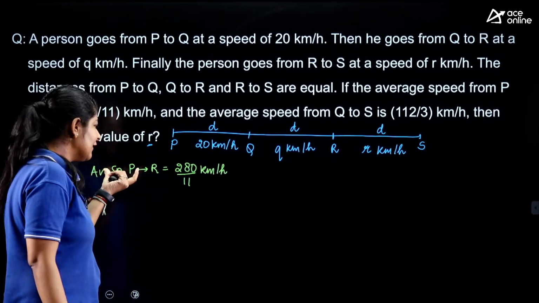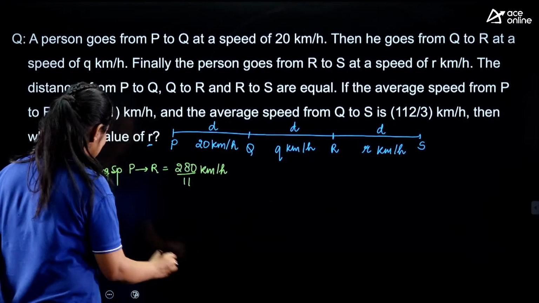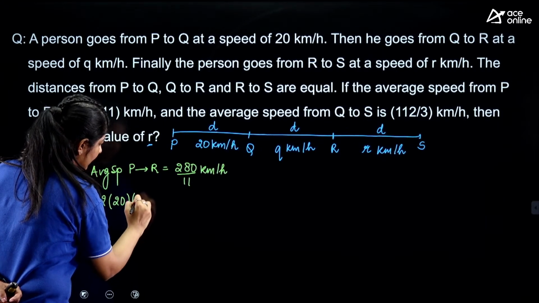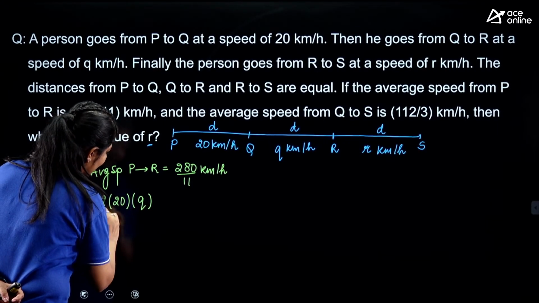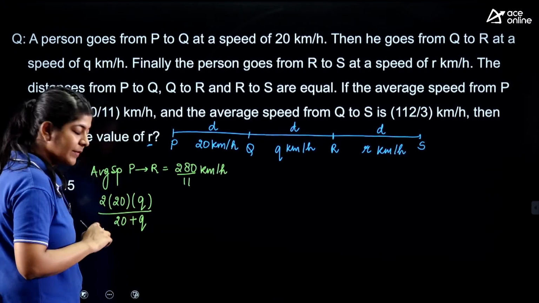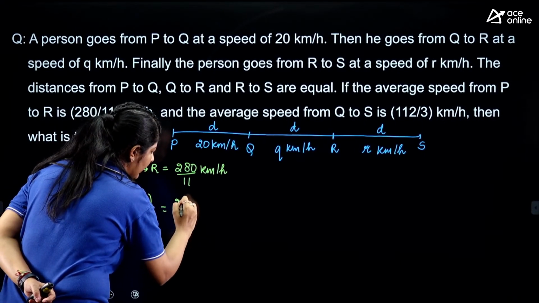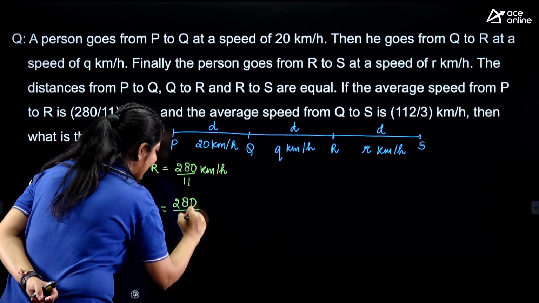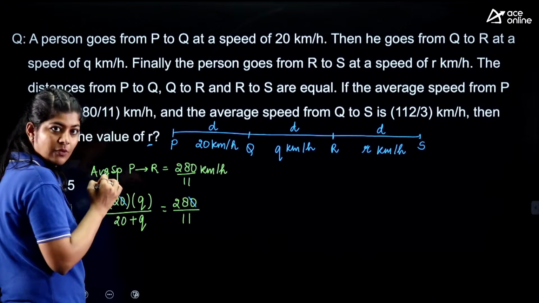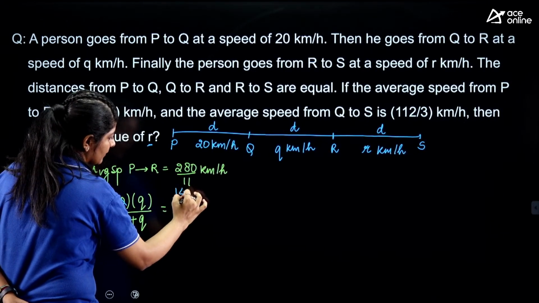If I want to figure out the average speed where the distance is equal, I can simply say it is 2 multiplied by the individual speeds, divided by the sum of the speeds. This is my formula. According to the question, the value of this is 280 by 11. Can we eliminate anything? Yes. We can eliminate this 0 and this 0, and with the help of 2 over here we get 14.